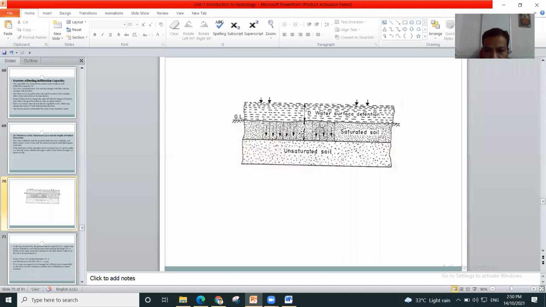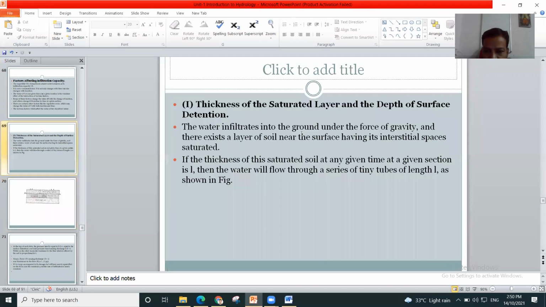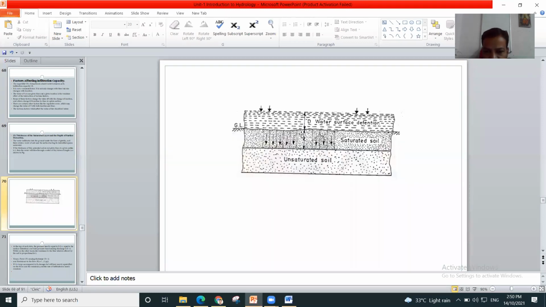So it depends on the thickness of saturated layer and the depth of surface detention. Capital D is the depth of surface detention, and here is the thickness of saturated layer. So thickness किती है and depth of surface detention किती है त्यावरती depend आहे.